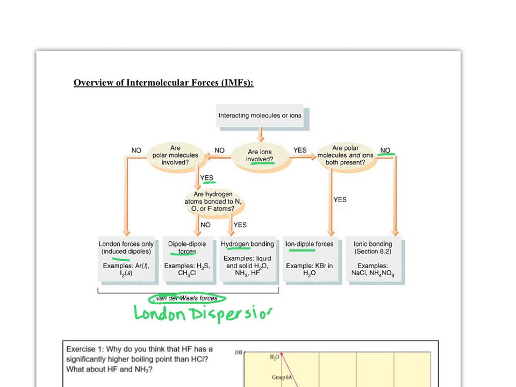So remember, all of these molecules can have London dispersion forces, which is why that's shown as all-encompassing. But the only forces that nonpolar molecules can feel is the London dispersion. They can't feel anything else.